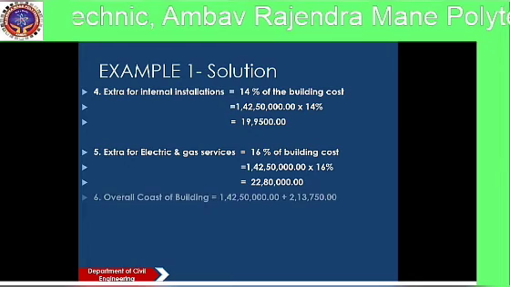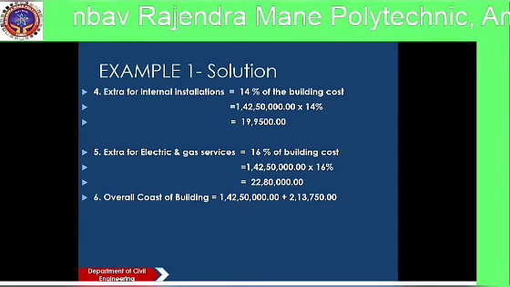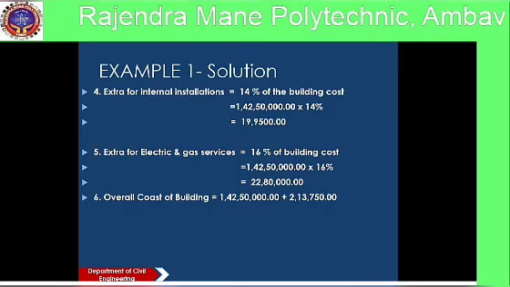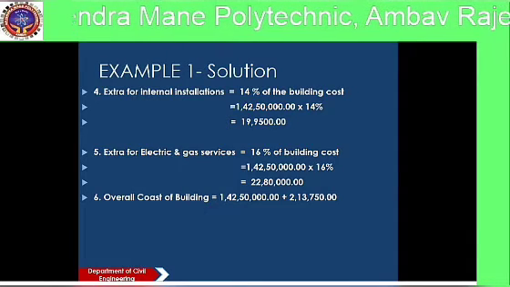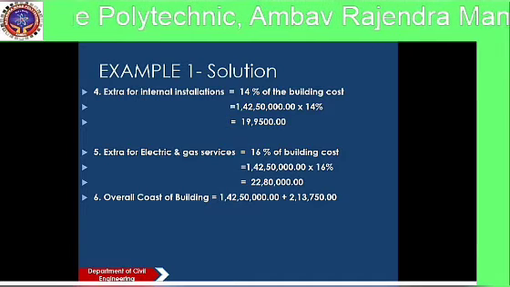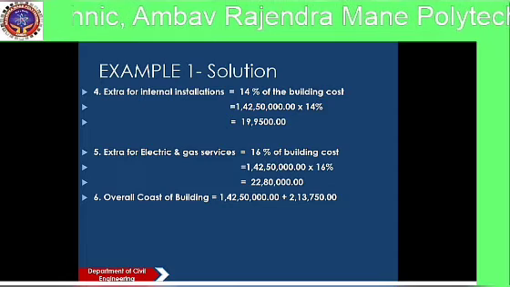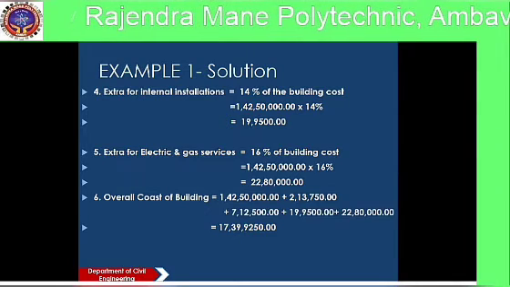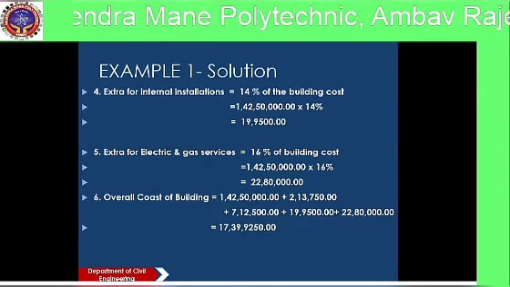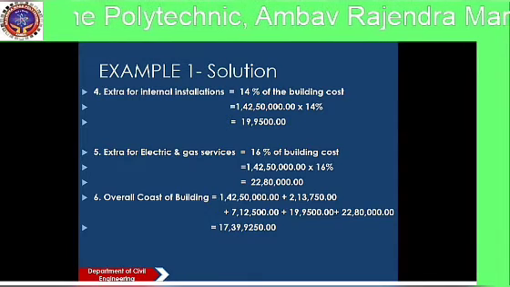So overall cost of building is equal to the sum of all these costs required, that is 1 crore 42 lakh 50,000, 2 lakh 13,750, 7 lakh 12,500, 19 lakh 95,000 and the extra for electric and gas 22 lakh 80,000.